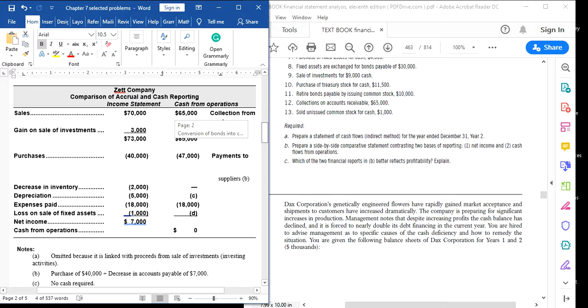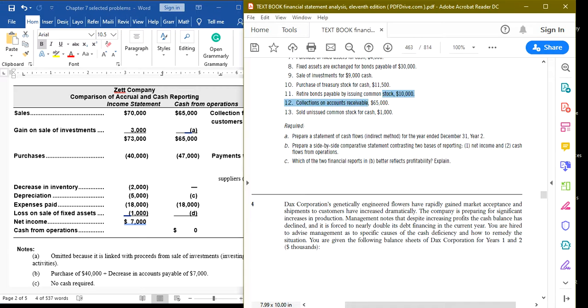Here, overall sales is here and the collection from customers is here. So this is equivalent to this item in the statement of cash flow, which is already given over here. Collections from receivables.